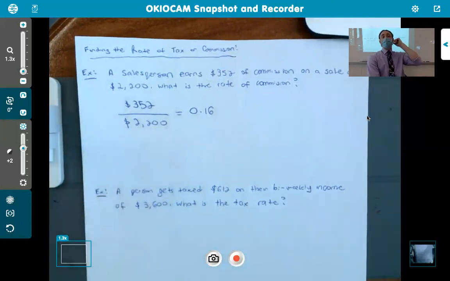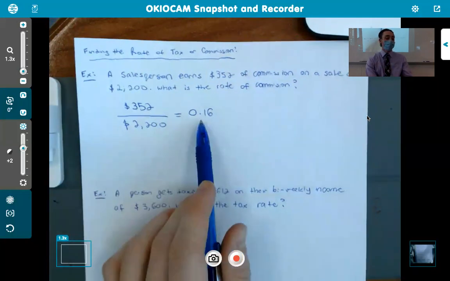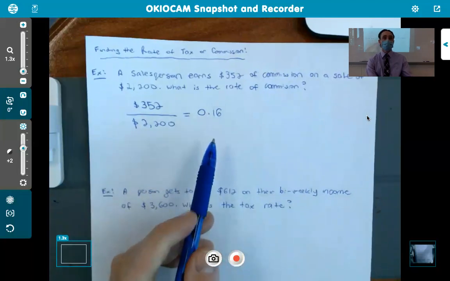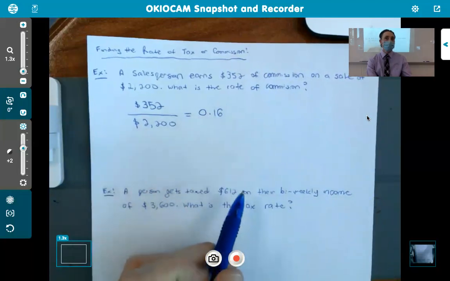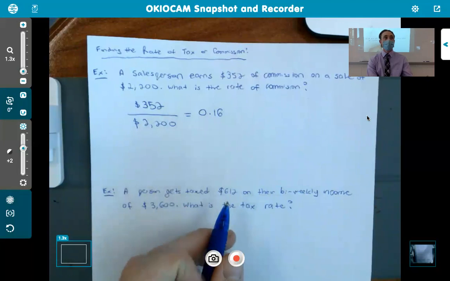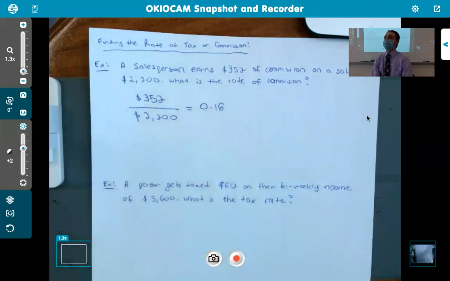All right. Well, that's not our percentage just yet, right? That's a decimal. And we need to pull from what we did a couple of weeks ago when we were converting decimals to percents. What direction should I move my decimal point so I can make that 0.16 a percent? You remember? Not the left.